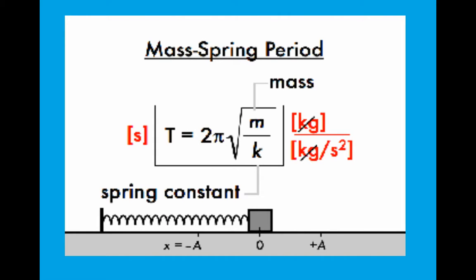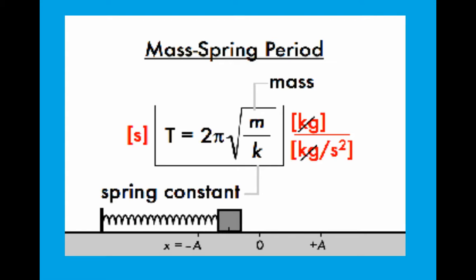Okay, so let's take a look at how we would apply this equation. Let's say that we're given a situation where we can't just displace the pendulum or spring mass system and find the period or frequency. We'd have to use this equation.